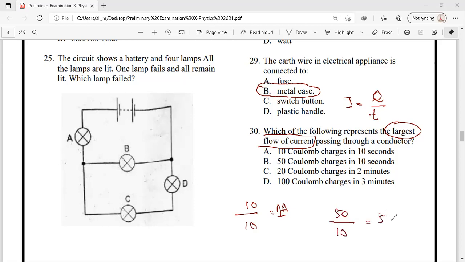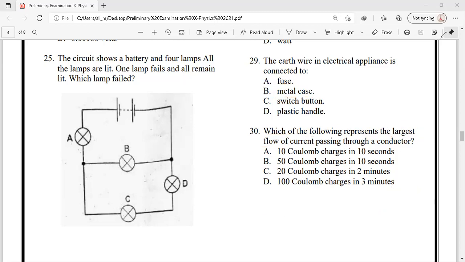So current would be equal to 5 ampere. Similarly, option C and option D, 20 coulombs of charge in 120 seconds and 100 coulombs of charge in 180 seconds. So the largest amount of current flowing is in option B, that is 5 amperes. So option B is our correct answer in this question number 30.